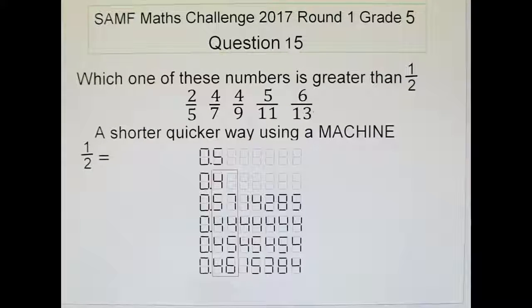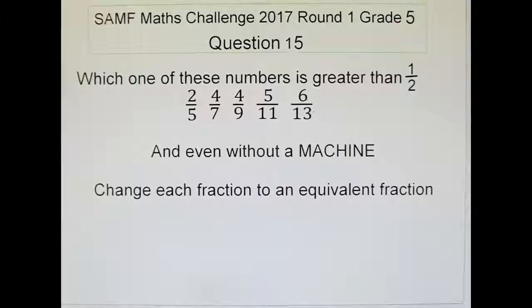So when you're comparing, if you look at the first two digits after the decimal point and compare them to the 0.50 here, you'll see that only the 0.57, which was the 4/7, turned out to be greater than a half. One final method, if we change each of the given fractions to equivalent fractions.